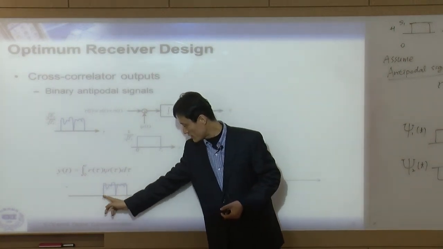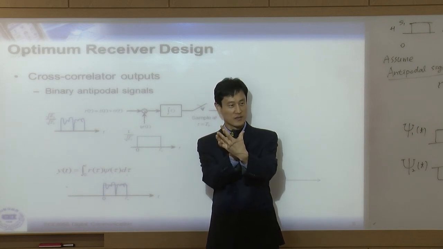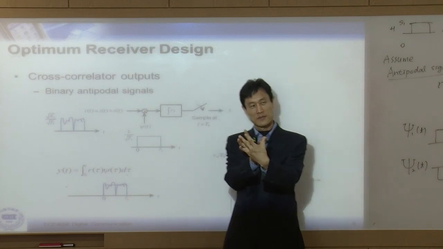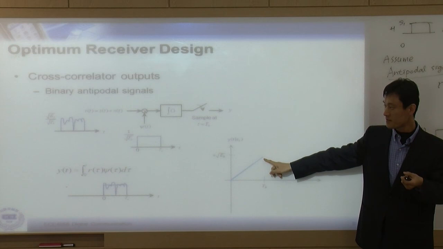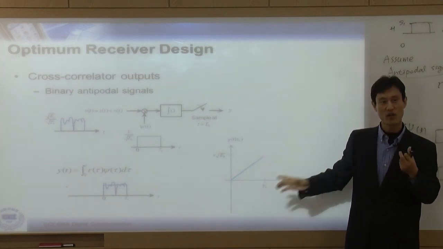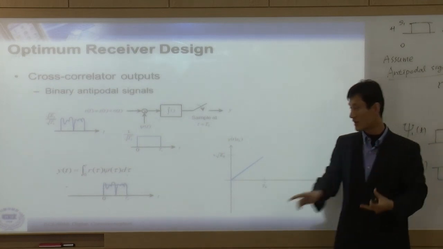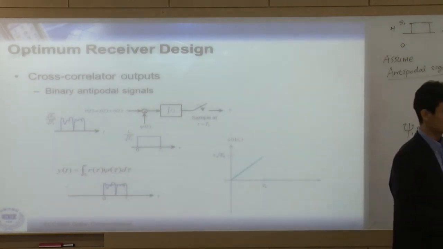Now this one and this one are matched in time, synchronized, so we have maximum overlap and a maximum value. That time is TB. TB is the time that we have maximum overlap, right? So that's how to visualize what's happening inside the correlator.